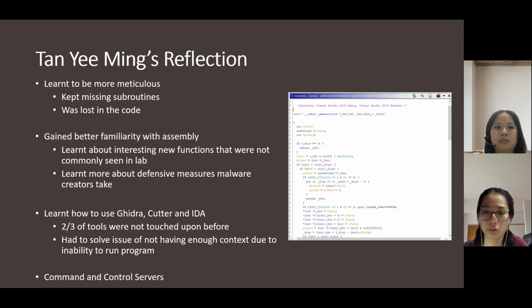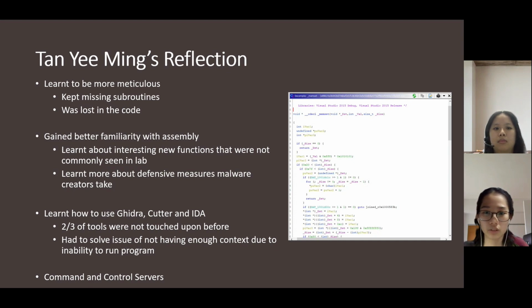But I felt that it was not enough because I was unable to run the entire executable, which means that I did not know what values the registers or certain variables had. Most of the time when I was looking through the code, I did not know which program flow the code was actually taking, so I just looked through pretty much everything, which was quite time consuming.